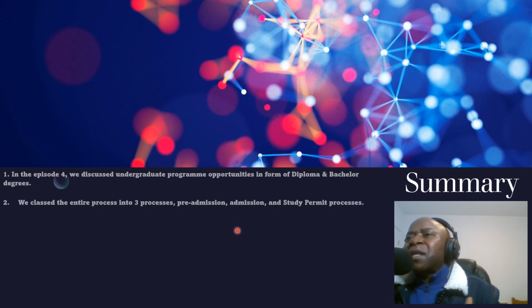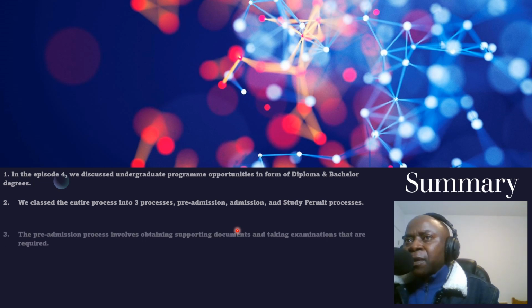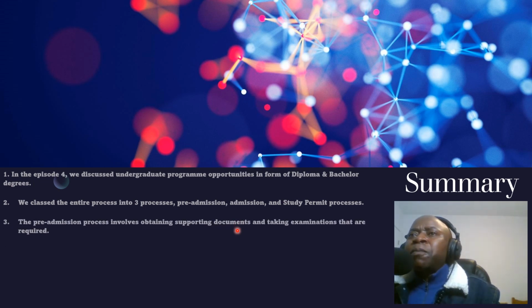We classify the entire process into 3 processes: pre-admission, admission, and study permit processes. We also discussed the pre-admission process, which involves obtaining supporting documents and taking required examinations. In other words, you do your due diligence. We always advise people that this pre-admission process will take you a minimum of 6 months to prepare for.